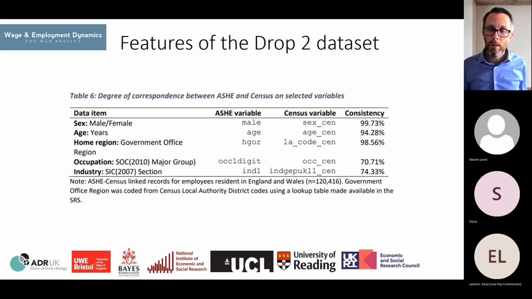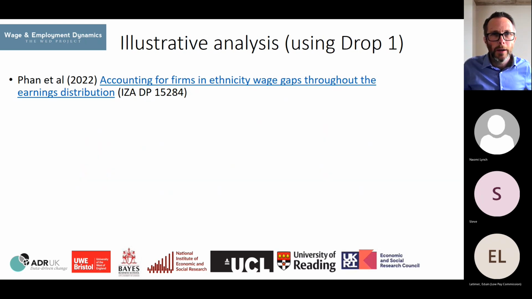Now, some of that might be because we've linked the wrong person, but you can also see how an individual employee reporting their occupation may describe it slightly differently to their employer, and that might lead to a different categorization in either of those data sets. So it doesn't necessarily mean the linkage is wrong, but just to show you the consistency across the data set.